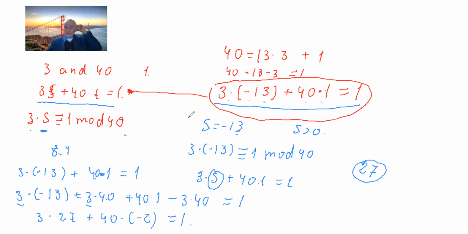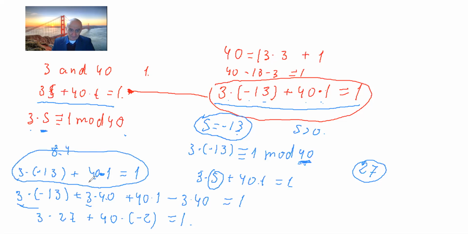So in the problems, if you get a negative inverse modulo a number, to get a positive one you just need to add this modulus, modulo 40. And here is why. Because it's represented in this form, 1, our common divisor.